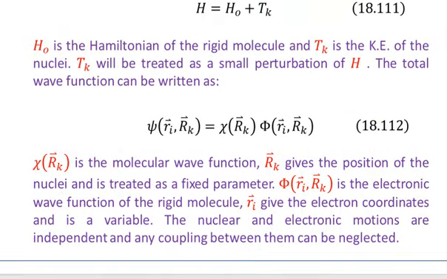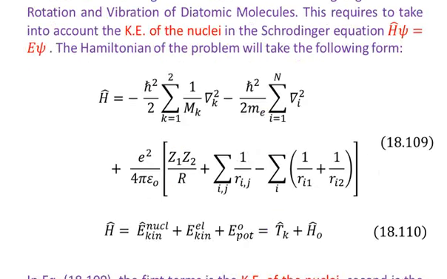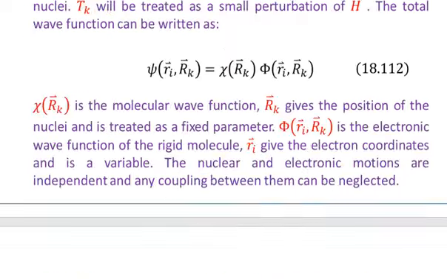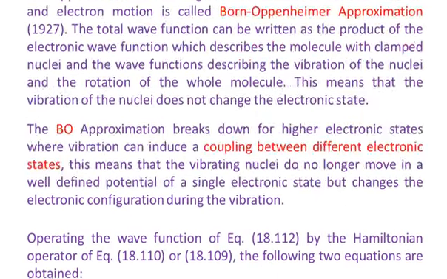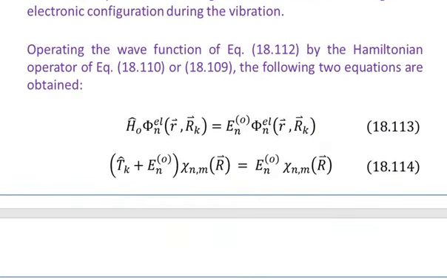This is a wave function 112, and this will be operated by the Hamiltonian shown in equation number 110 or 109. And once after the operation, we shall get these two equations.